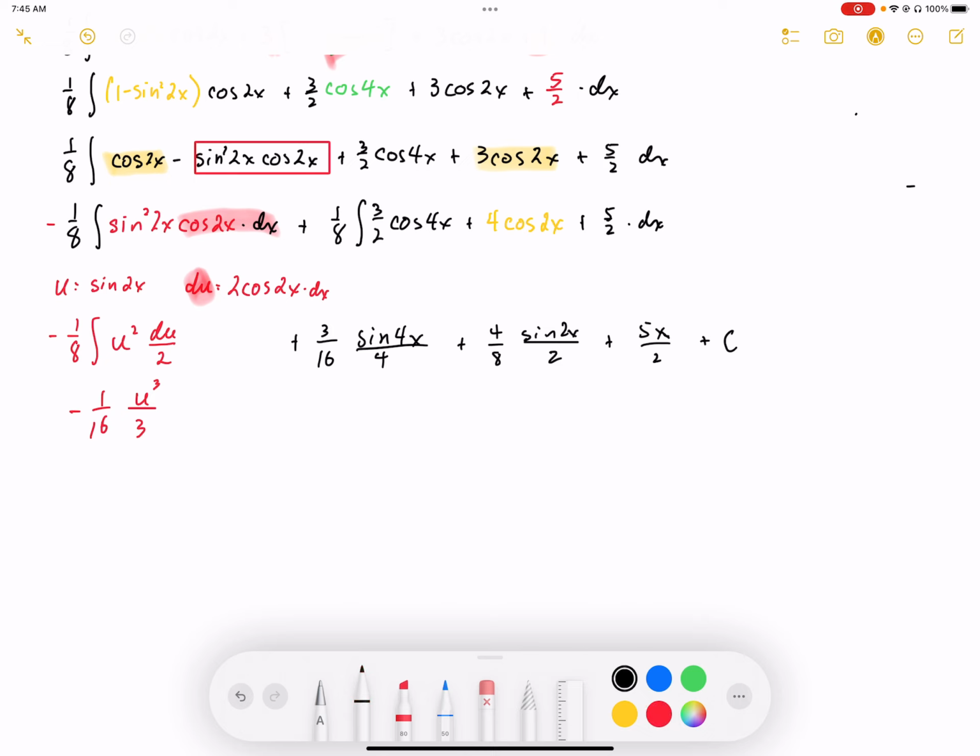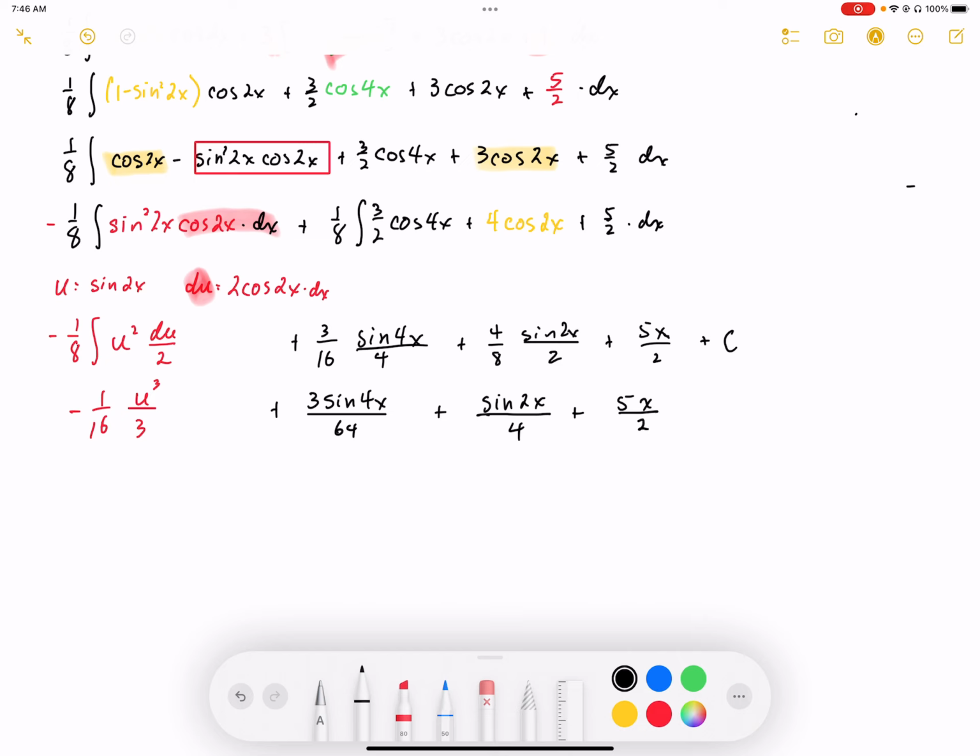And then the rest of this is going to be plus 3 sine 4x over 64 plus, this is going to simplify to sine 2x over 4 plus 5x over 2.